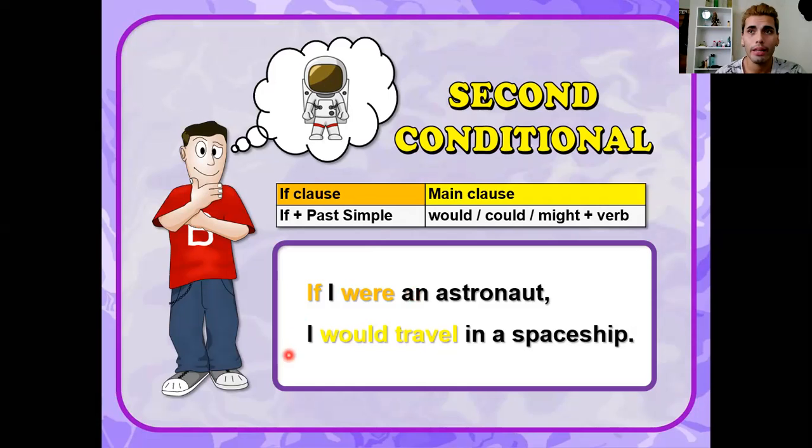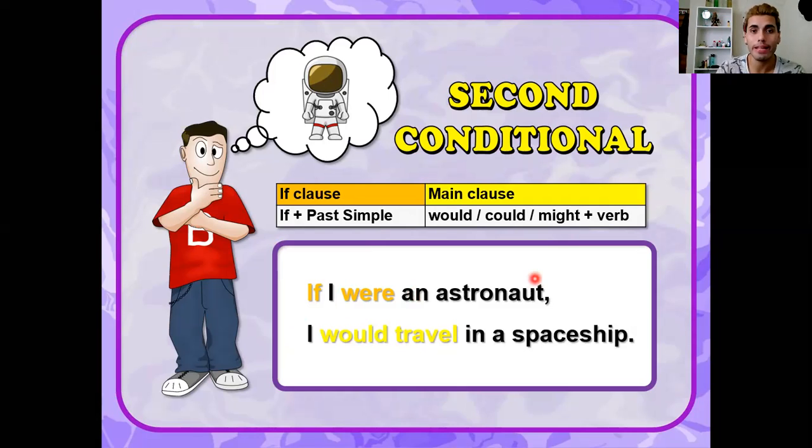For example, if I were an astronaut, I would travel in a spaceship. What does it mean? The meaning of this past simple tense is that right now you're not an astronaut. So that's why you're talking about past. The use of past represents an imaginary hypothetical meaning of your present.